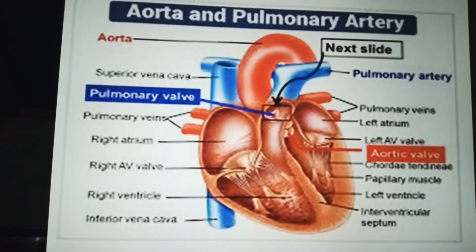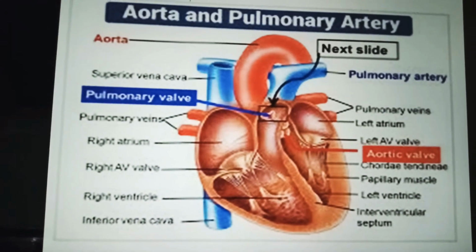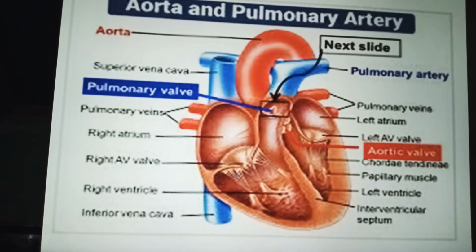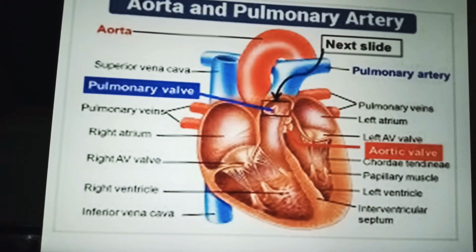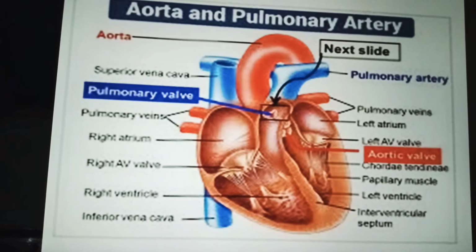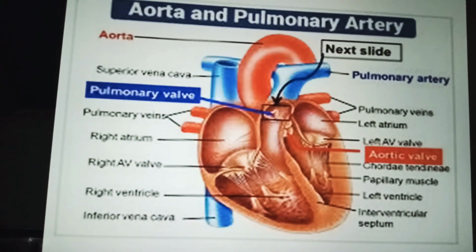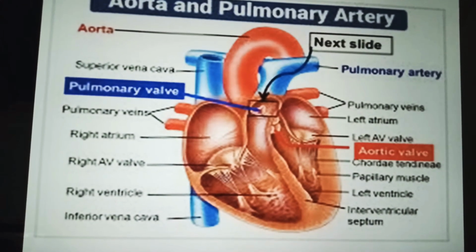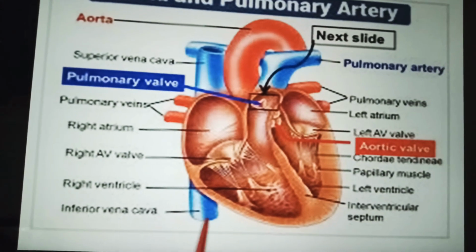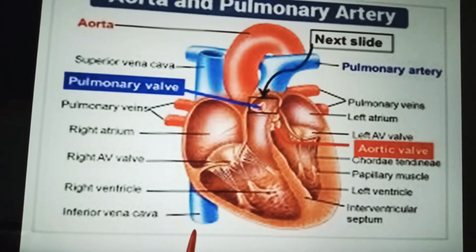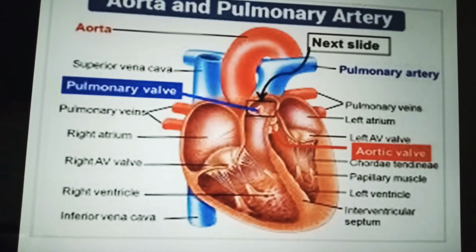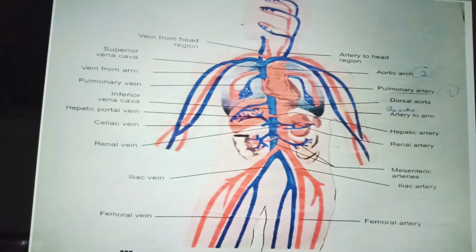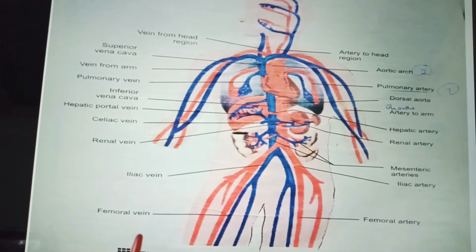From the legs, the deoxygenated blood is returned to the heart by many veins which join together and empty into this inferior vena cava. Veins carrying blood from the calf, foot and knee join together to form the femoral vein.